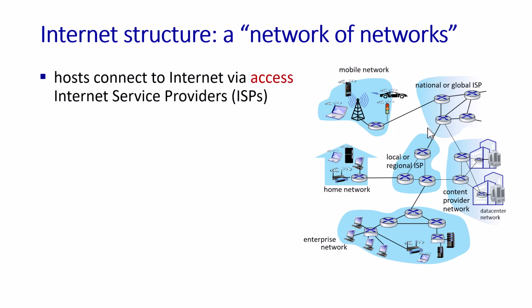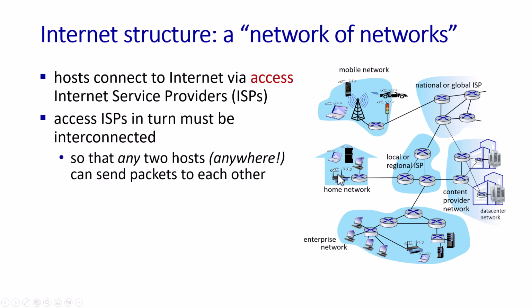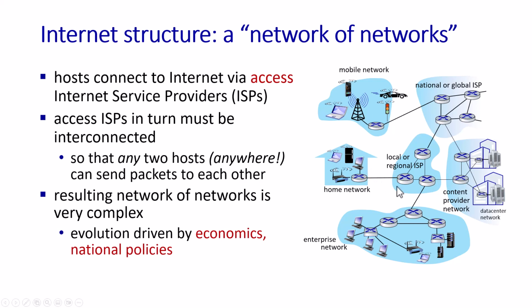We learned that the internet is actually a network of networks. Hosts such as our smartphones or our laptops, or end systems, are connected to the internet via internet service providers. Now let's consider that you want to play a video game with a friend that's located in some other part of the world, so your gaming applications need to exchange packets with each other. Your ISP router needs to be connected to other ISP routers in some other part of the world in some way, and the resulting network is quite complex.